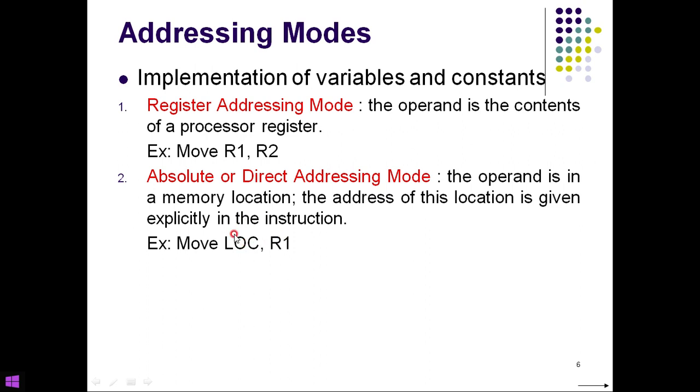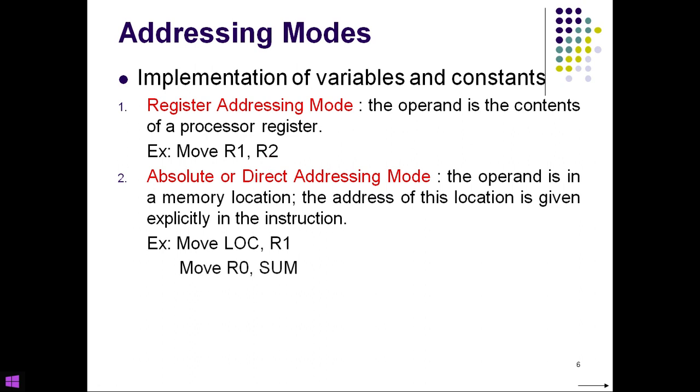This is very important, friends. Why we call it direct, we'll touch upon later. For now just remember that in absolute addressing mode we will be using the memory location. In register addressing mode we will be using the registers.